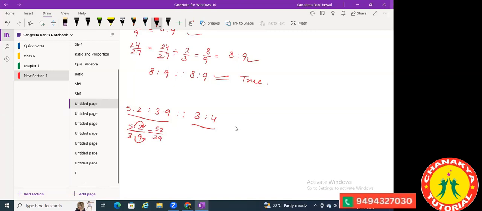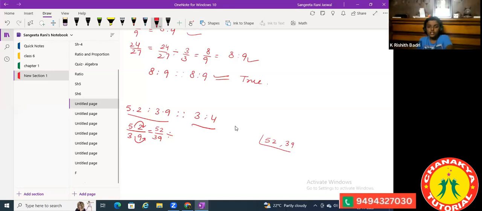Now, if you take the HCF of this, what will you get? With which number will you divide both numerator and denominator? Please find the HCF of this.